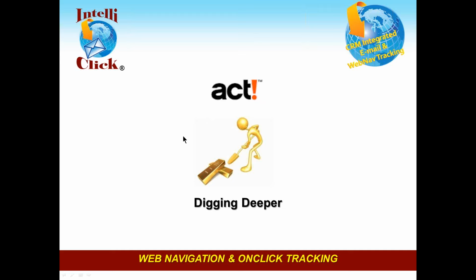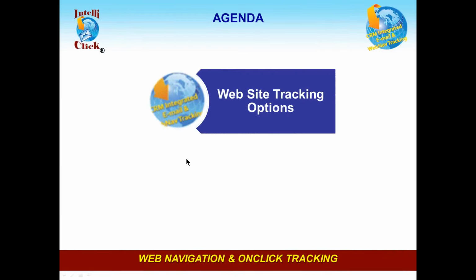I'm going to move over here and just look at what our agenda will be for today. We're going to talk a little bit about IntelliClick and its website tracking options. I will briefly explain IntelliClick overall for those of you who may have never seen or heard of the product before, but our real focus today is on the piece dealing with how we help you read people's digital body language as they browse your website from any email campaign sent through IntelliClick.